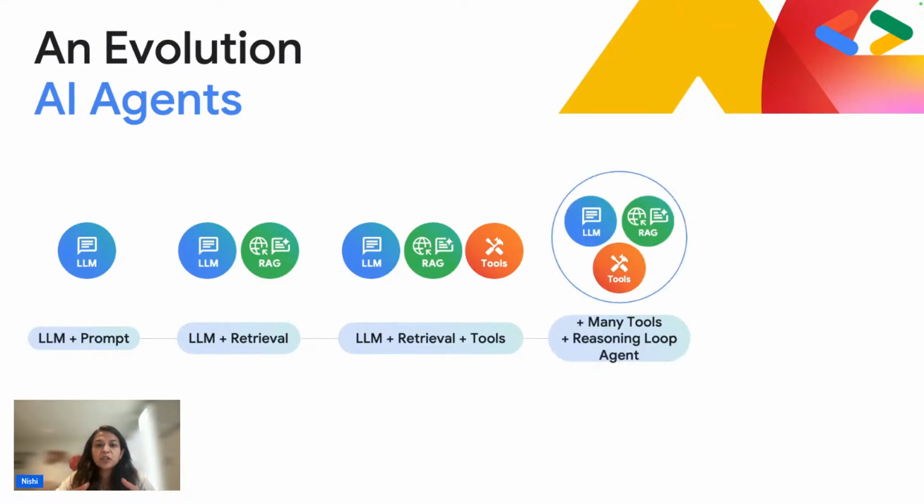Then came in reasoning loops. The combination of LLM, RAG, tools, and reasoning loops builds an agent. Now if you give a task to your LLM, it can reason: these are the tools I have available, this is the additional context, and if I need, I can fetch more from my RAG system.